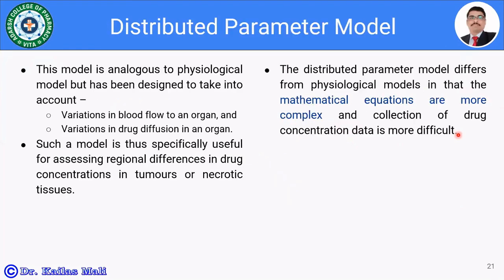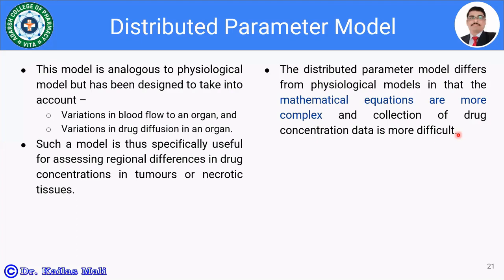Herewith we have finished the pharmacokinetic models. We have discussed the various pharmacokinetic models, that is compartment models, physiological models, and distributed parameter models. In the compartment model, we discussed the mammillary model and the catenary model. In physiologically based models, we discussed the perfusion rate limited model and the permeability rate limited model.